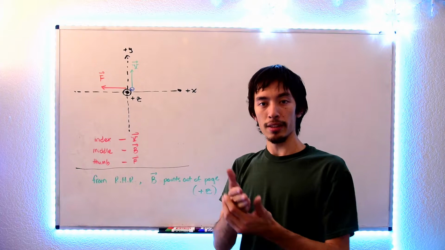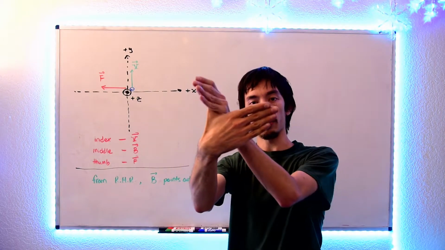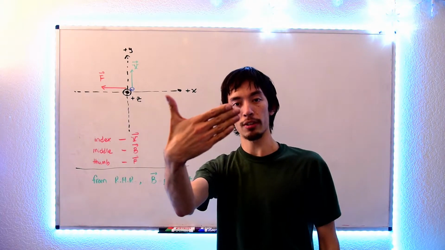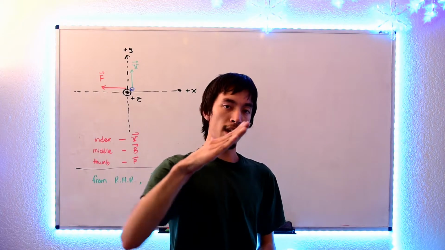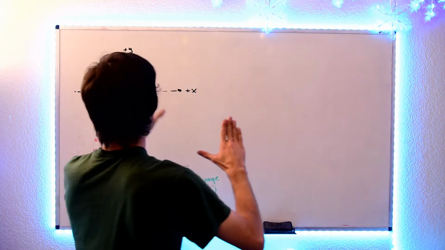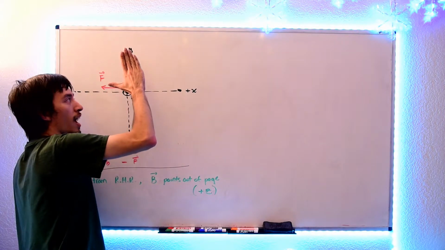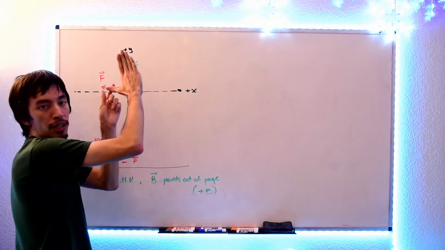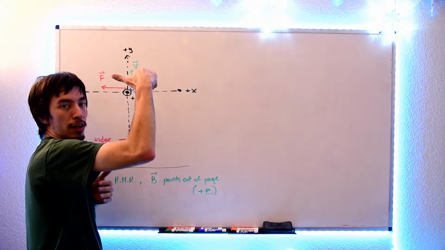The second method is taking your fingers and your thumb like this and keeping it perpendicular to each other. Keep your fingers together. What you're going to do is you're going to point your fingers in the direction of the velocity. So in this case, you would point your fingers upward like this. And what you'll do is, normally if you're given a magnetic field, you would tend to curl your fingers in the direction of the magnetic field.